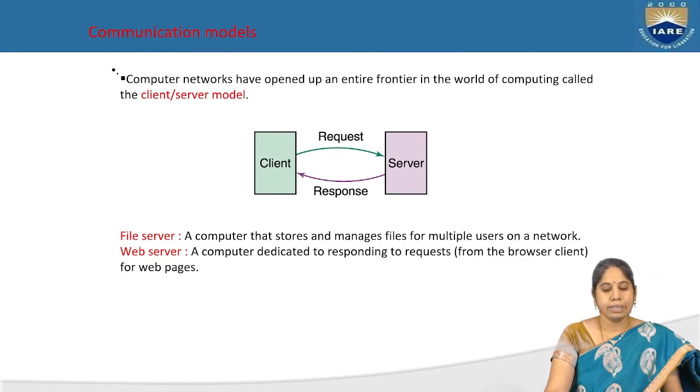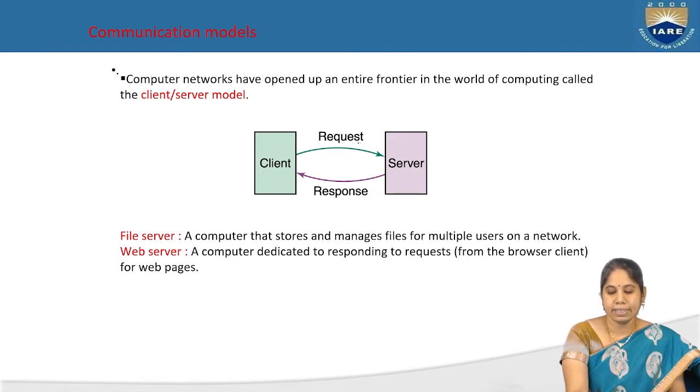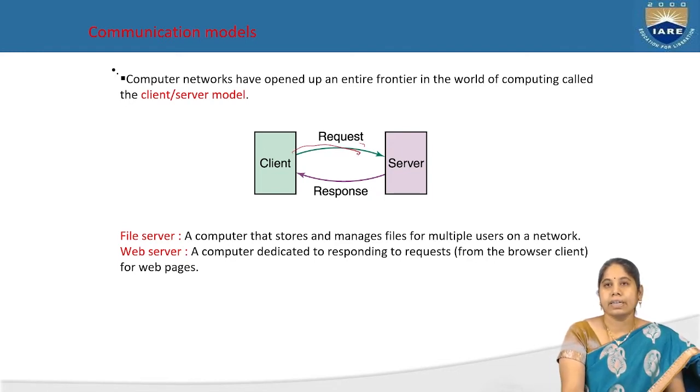Here, computer networks have opened an entire frontier in the world of computing called the client-server model. In the client-server model, the client or browser will send a request to the server.